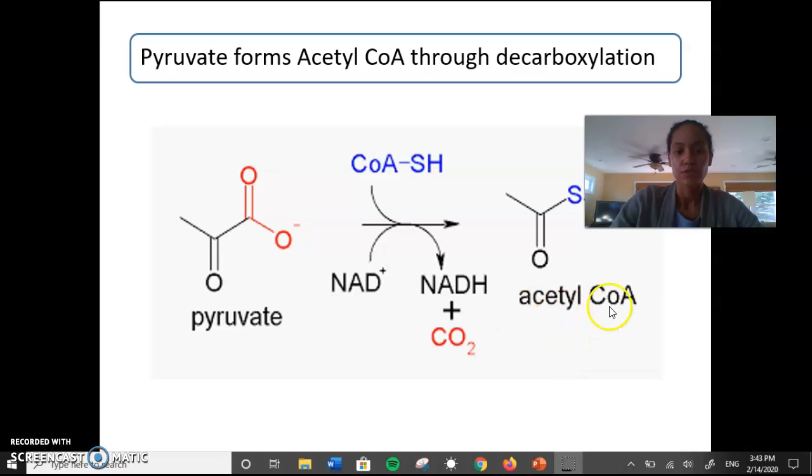When the acetyl group links with the coenzyme A, it creates acetyl-CoA, and this is going to be the fuel for the citric acid cycle, which we'll step into next. So here we've made 2 molecules of NADH.